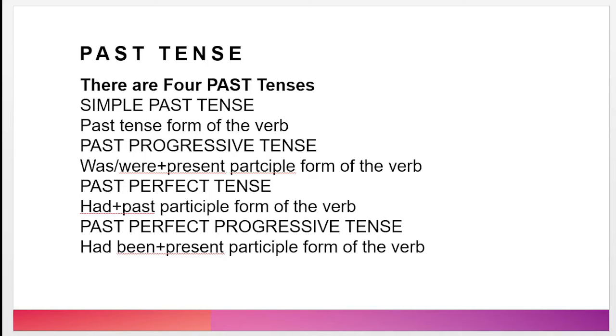Usually, for example, the word take, it is taken, drive, driven. But for some words like put, the past participle form is that itself, put. The last one, past perfect progressive tense, we have to use had been plus the present participle, the ing form of the verb. Let's look at some examples.